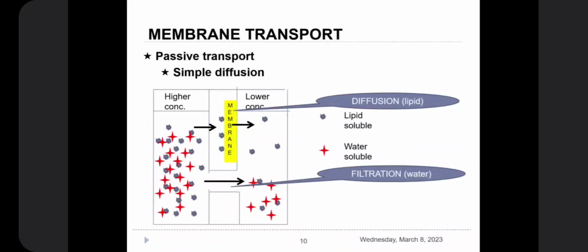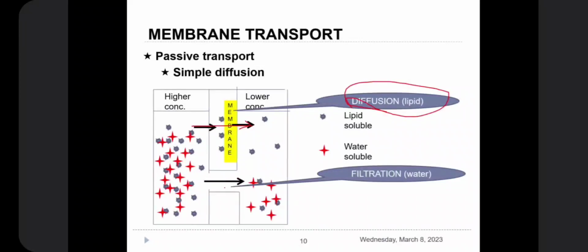We call this diffusion lipid diffusion. When the drug is water soluble, it is hard to cross the membrane directly.